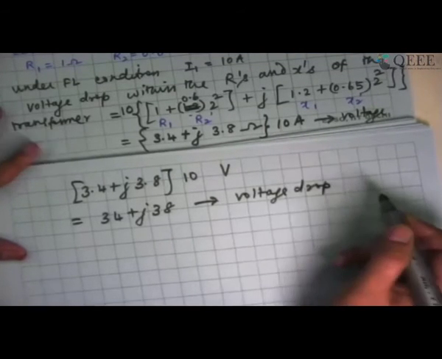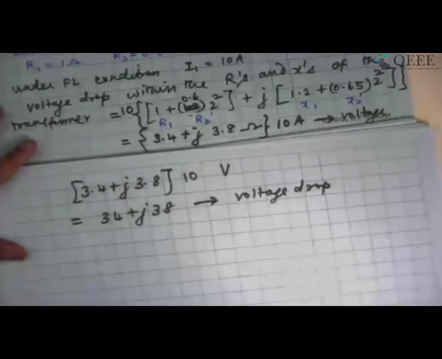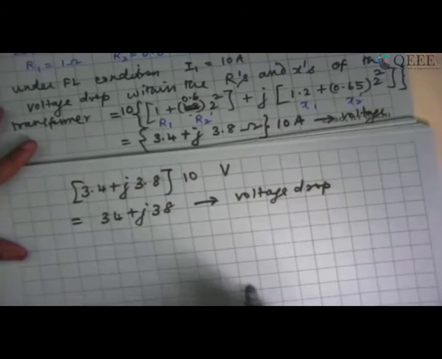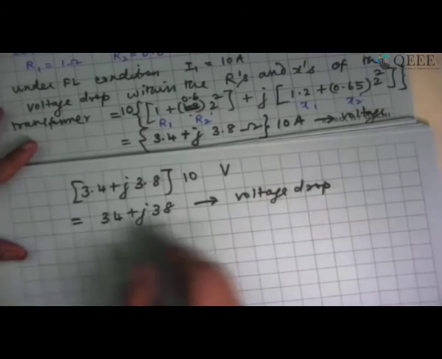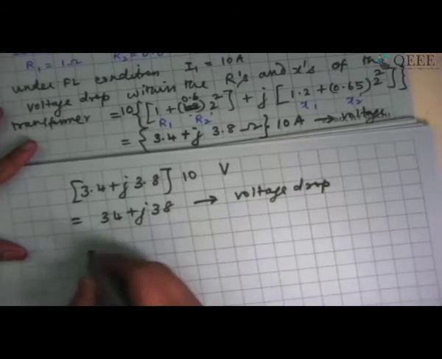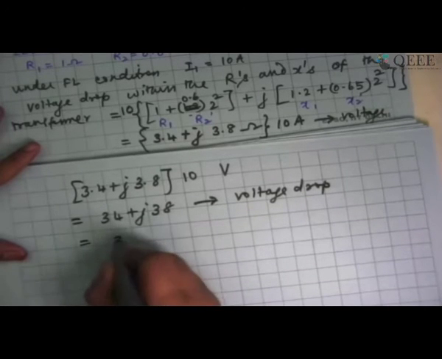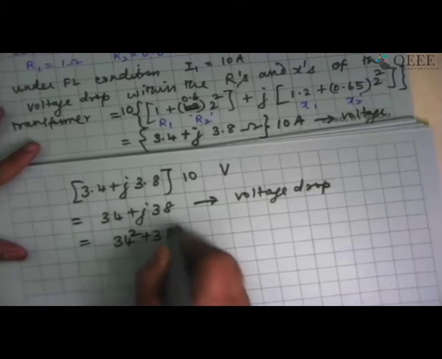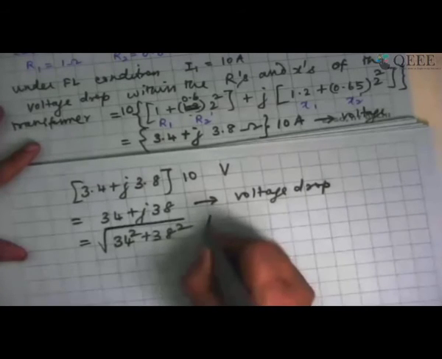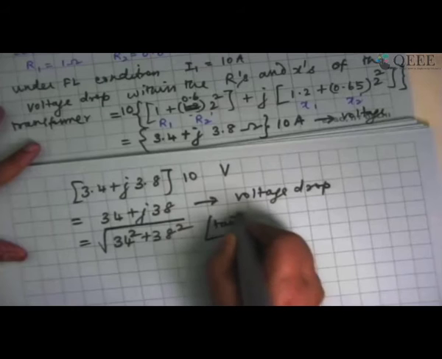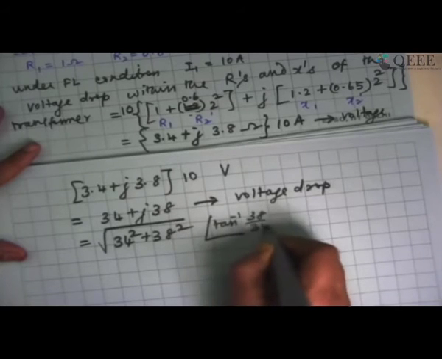I have taken the parameters in such a way that an extremely large voltage drop takes place. I am sure you can convert this into polar form: square root of 34 square plus 38 square, and angle is tan inverse of 38 by 34. I'm sure you can calculate this.